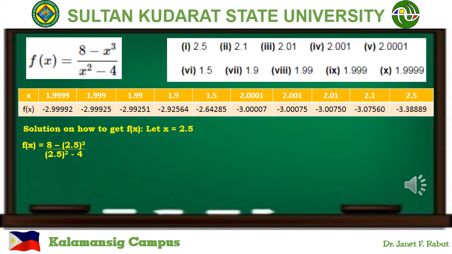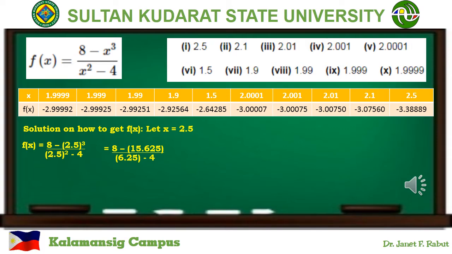This is equal to 8 minus 15.625. How did I get this 15.625? That is coming from 2.5 cubed, wherein I multiplied 2.5 three times. So that is 2.5 times 2.5 times 2.5. All over 6.25 minus 4. Again, 6.25 here comes from 2.5 squared, which is 2.5 times 2.5.